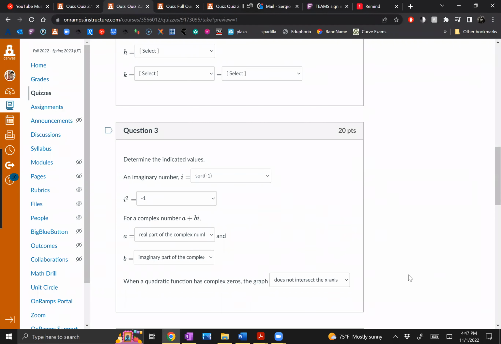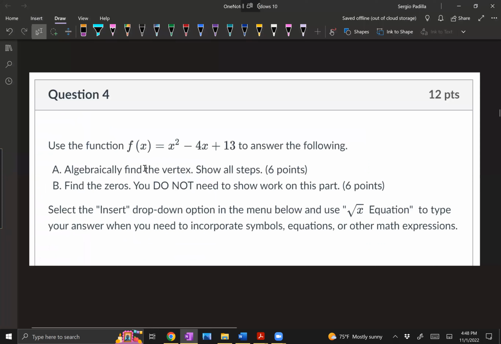So if you use the quadratic formula and you get complex numbers as your answers, that means the graph doesn't actually cross the x-axis, at least not the real x-axis. That was just really quick. Again, that question is not going to be on the test. Just a quick review of the concepts.